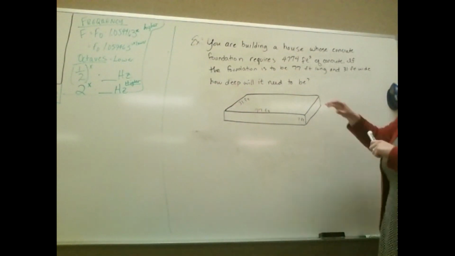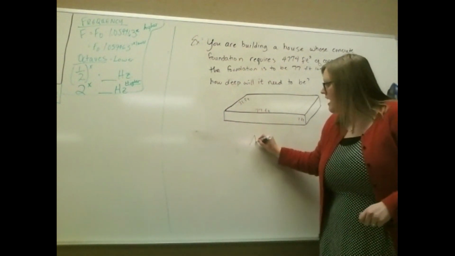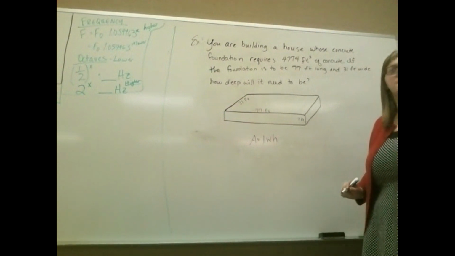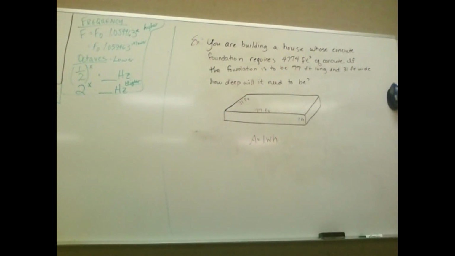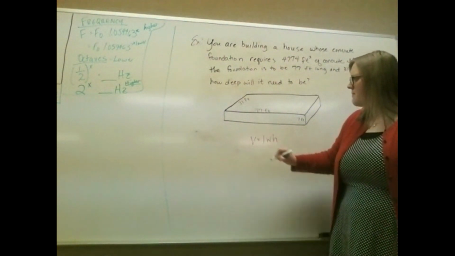So we need the formula for the volume of a rectangular solid, which is V equals length times width times height. That's not A, that should be V, my bad.